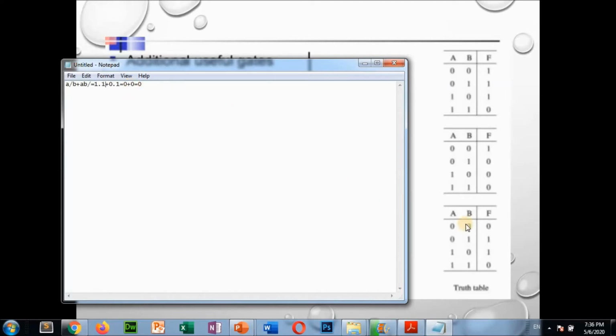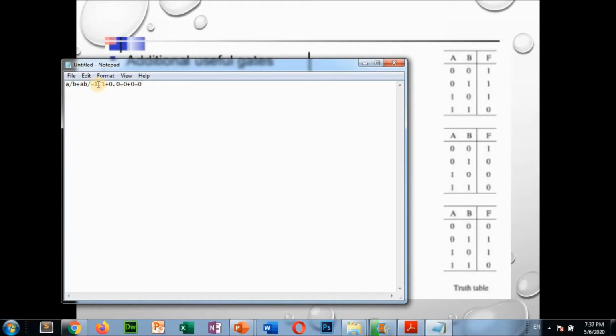Clear? So after that, for the next one, see A B bar. A value is 0, and B bar, B value is 1, so B bar means this is 0. Clear?